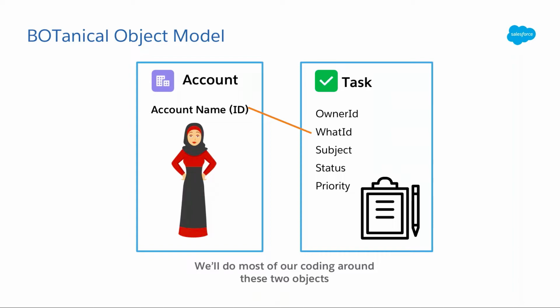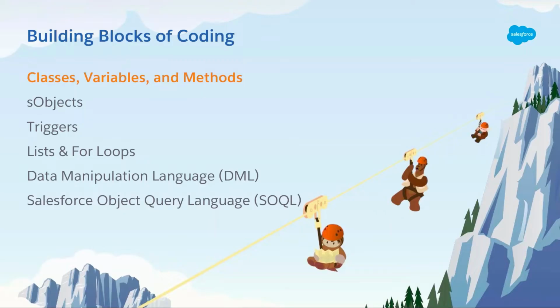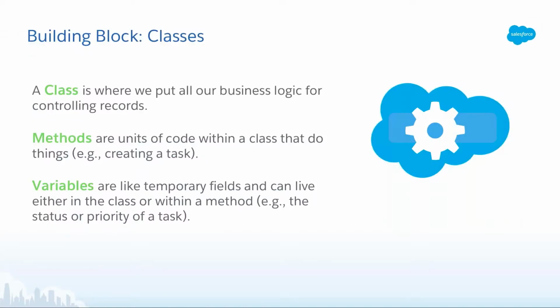So let's check out some of our first building blocks, and that is classes, variables, and methods. First, let's talk about classes. They're just the places or the file that we use to put all of the code that's going to run in our org. Inside classes, we have methods and variables.